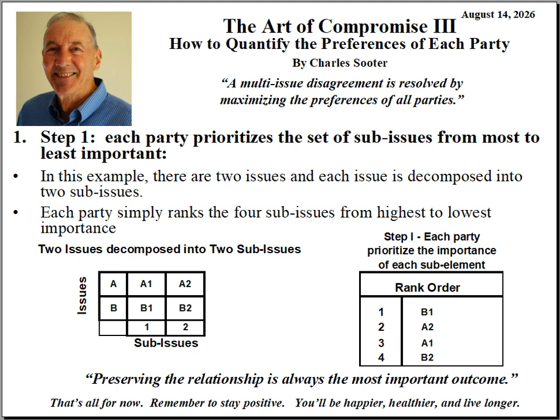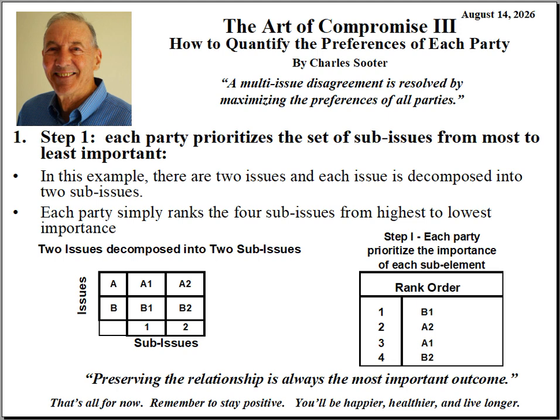With multiple issues or sub-issue elements, the divisible pieces can be divided amongst the parties based upon relative importance. Ideally, the division is in proportion to their relative importance or preferences to each party, and if one element of the disagreement is more important to one party or the other, ideally, that element should be allocated to them.